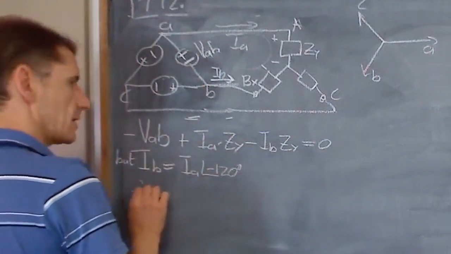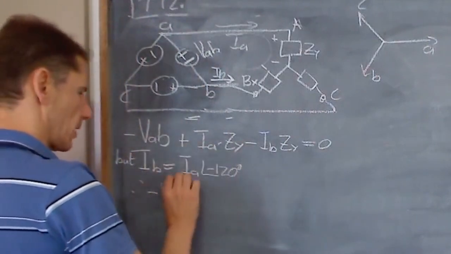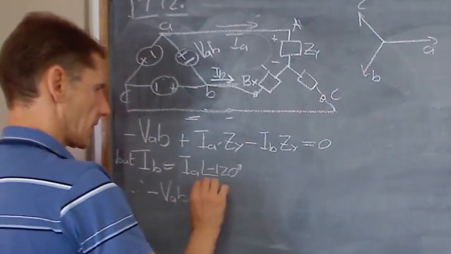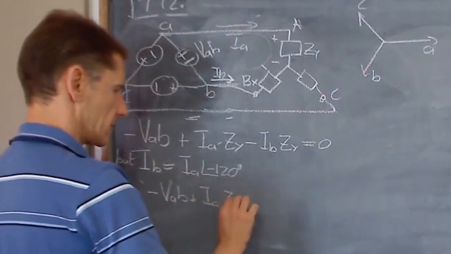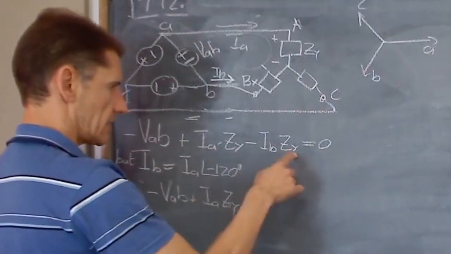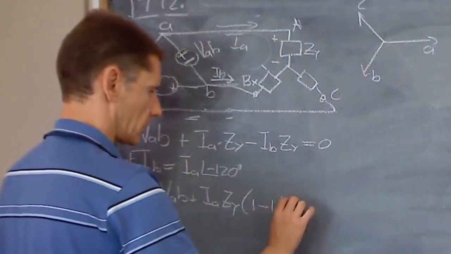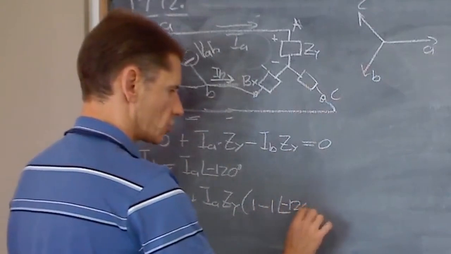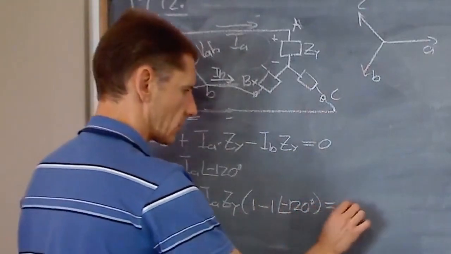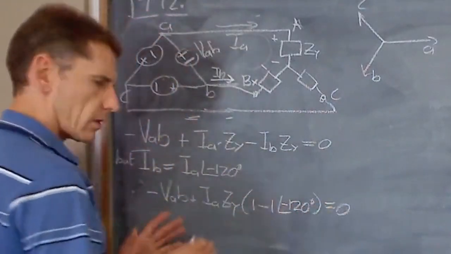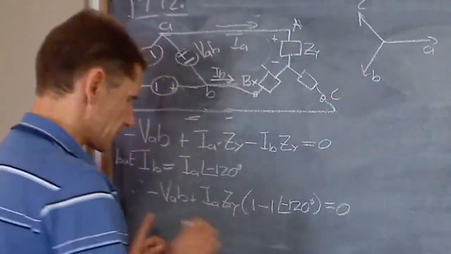Right, so substitute that in there and I get minus VAB plus IA ZY times (1 minus 1 angle minus 120 degrees) equals 0. Now, remember, I want IA as a function of VAB.